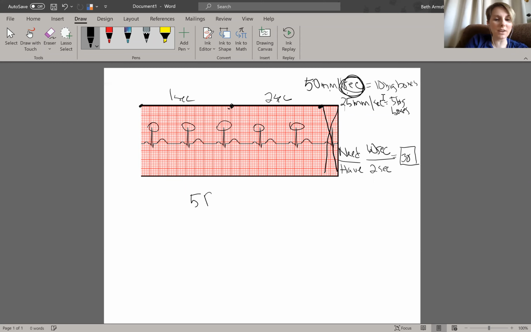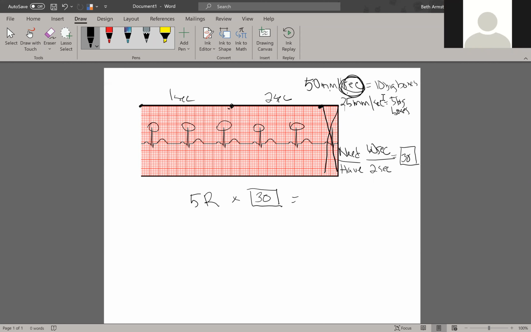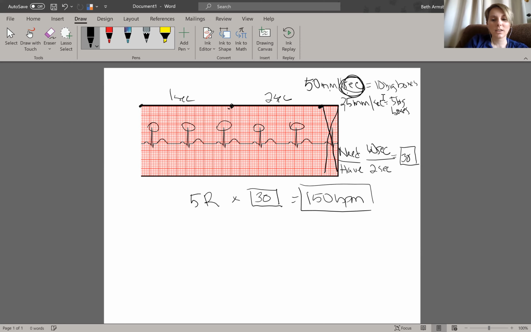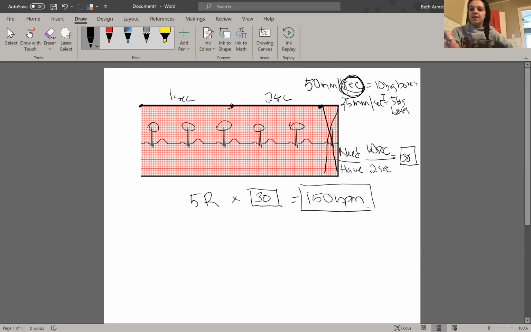Everyone agrees. 5 R waves, and we multiply that by our multiplication factor, which is 30. And we get 150 beats per minute. Always make sure you write what unit you have.